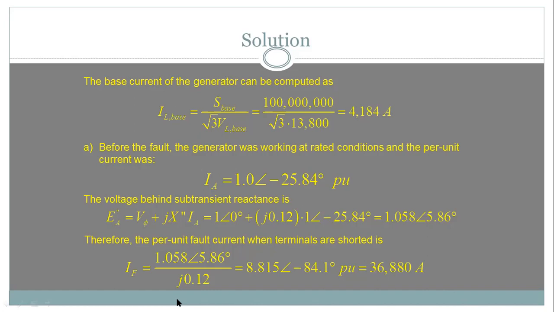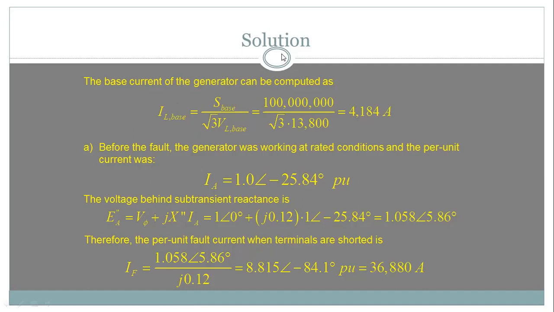Whenever we convert the power, it is 100 MVA divided by 100 MVA, that is 1 per unit power. Whenever we convert the voltage, it is 13.8 kV divided by 13.8 kV, that is 1 per unit voltage. With 1 per unit voltage and 1 per unit power, the current should be 1 per unit.